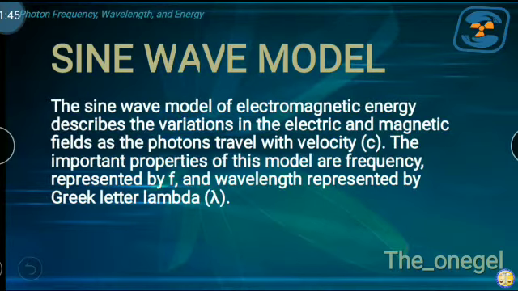So the sine wave model of electromagnetic energy describes variation in electric and magnetic fields as the photon travels with velocity. So the important properties of this model are frequency represented by small letter f and the wavelength that is represented by the Greek letter lambda. So when we say wave, kailangan alam natin yung frequency and at the same time yung wavelength.